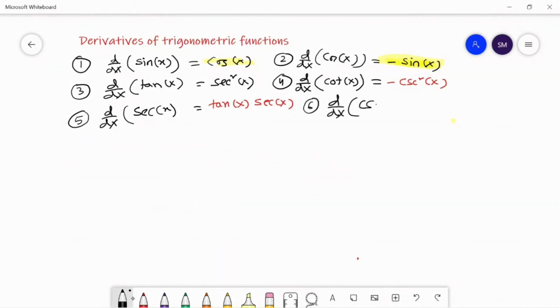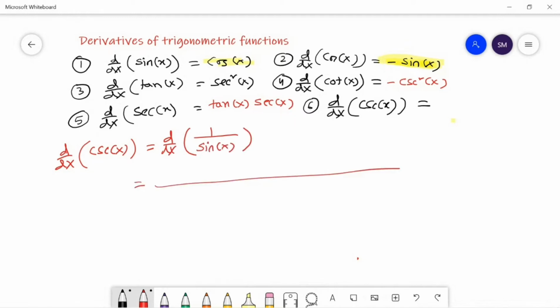The sixth rule is about the derivative of cosecant x. Again, cosecant x can be written as 1 over sin x. Using the quotient rule, we can write sin square x, sin x, derivative of 1, minus 1, derivative of sin x.